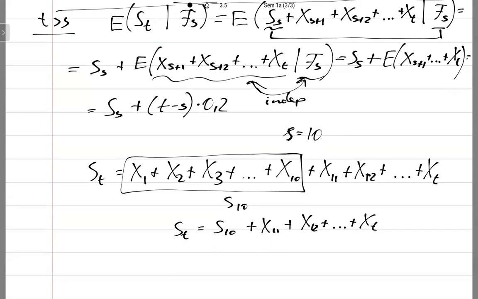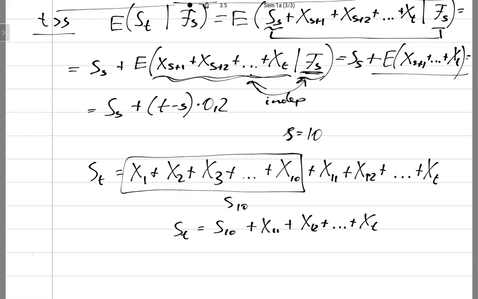May I ask a question? So we get rid of the expectation for Ss just because Ss is an already observed thing? Yeah, we have information about it. You remember there are two extreme properties of expected value. If you have no information about the random variable, so your Fs sigma algebra contains no information, you just replace conditional expected value by unconditional one. And the other extreme, if you completely know a random variable, then you replace conditional expected value by the random variable itself.